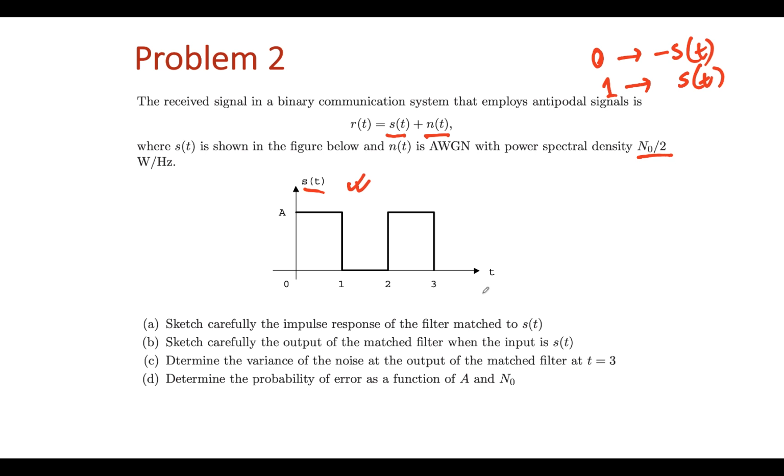Sketch carefully the impulse response of the filter matched to st. Then next part is sketch carefully the output of the matched filter when the input is st. Determine the variance of the noise at the output of the matched filter at t equal to 3, and then determine the probability of error as a function of A and N0.